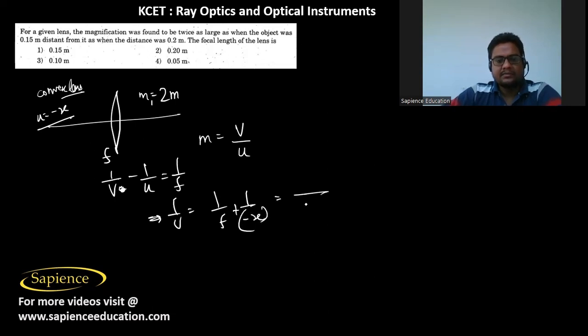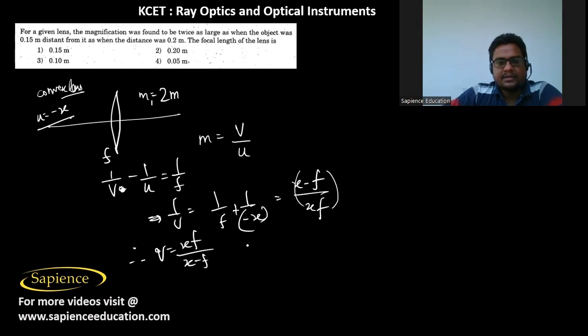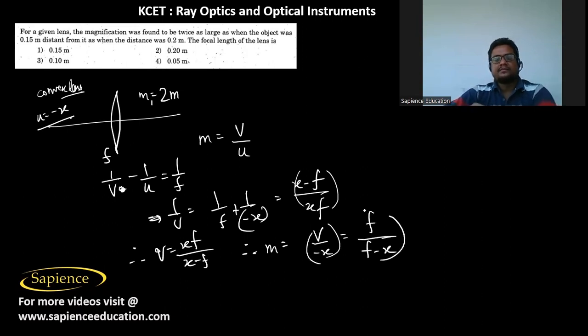So it will be XF by X minus F. Therefore, V is equal to XF by X minus F, and therefore M will be equal to V by minus X, that will be F by F minus X.